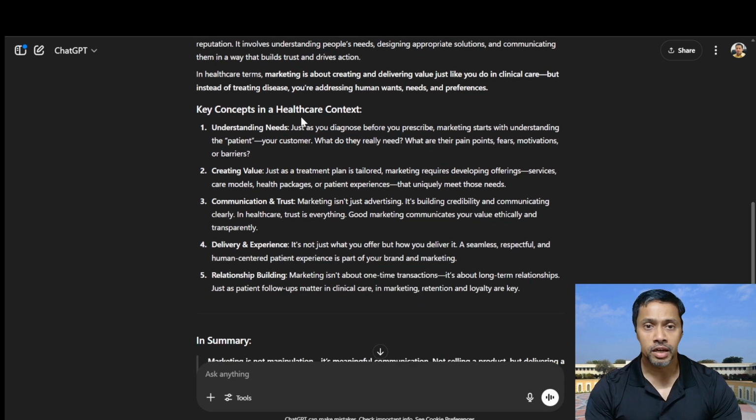So whenever it is trying to explain, it is giving all the explanations of marketing terms in the healthcare context. Like you see the example, let us take communication and trust. It says that marketing isn't just advertising, it's building credibility and communicating clearly. Further, it adds, in healthcare, trust is everything. Good marketing communicates your value ethically and transparently.